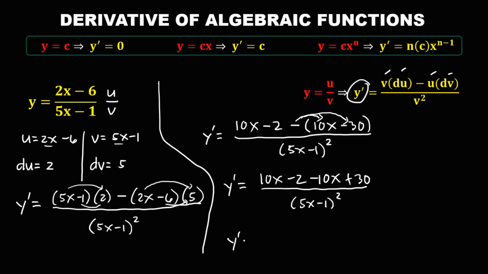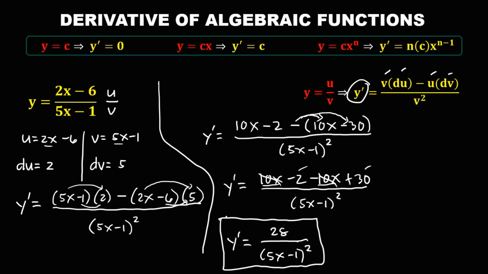Then for the derivative, this 10x and negative 10x is 0, negative 2 and 30, that's positive 28, then over 5x minus 1 quantity to the power 2. So this is now the derivative.